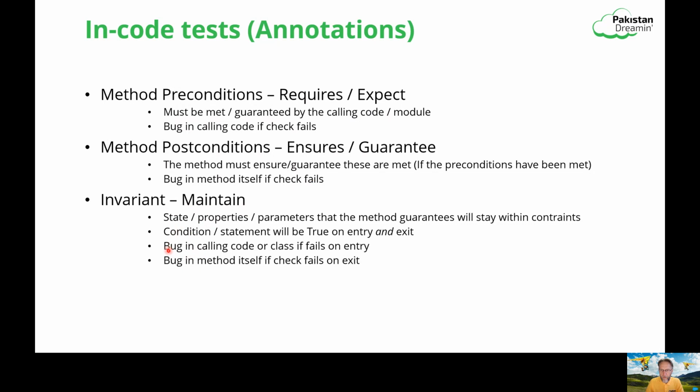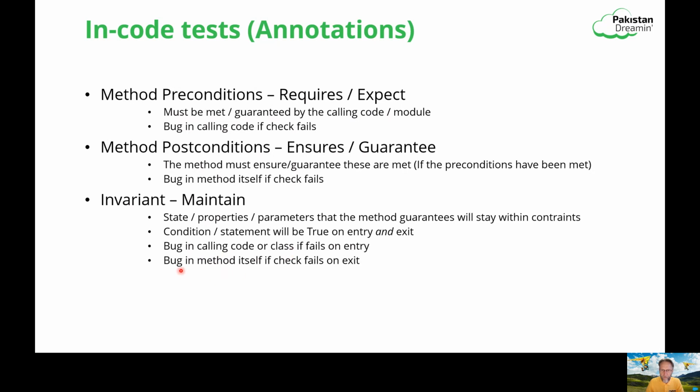So where the bug lies depends on where this happens, because an invariant, as mentioned, has to be checked both at the precondition stage and the post-condition stage. If the invariant check failed on entry to the method, then it means there's a bug in the calling code, or it could be somewhere else in the class.